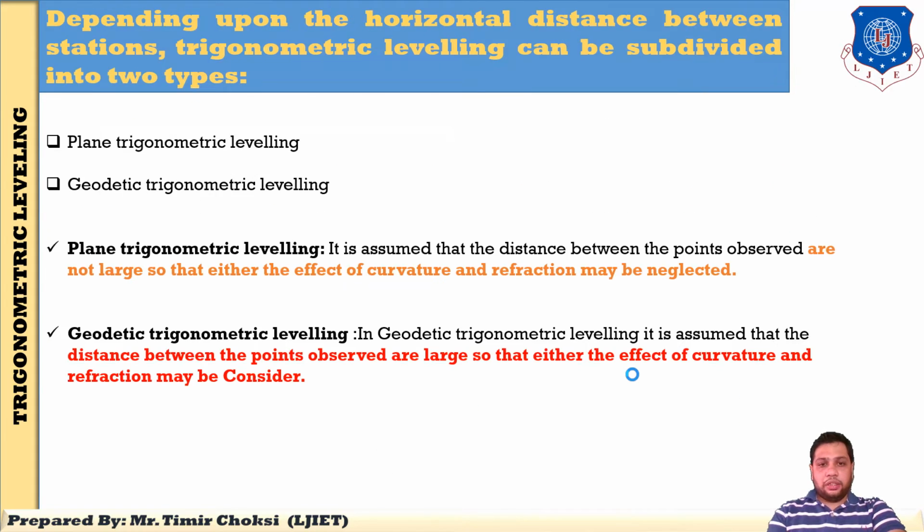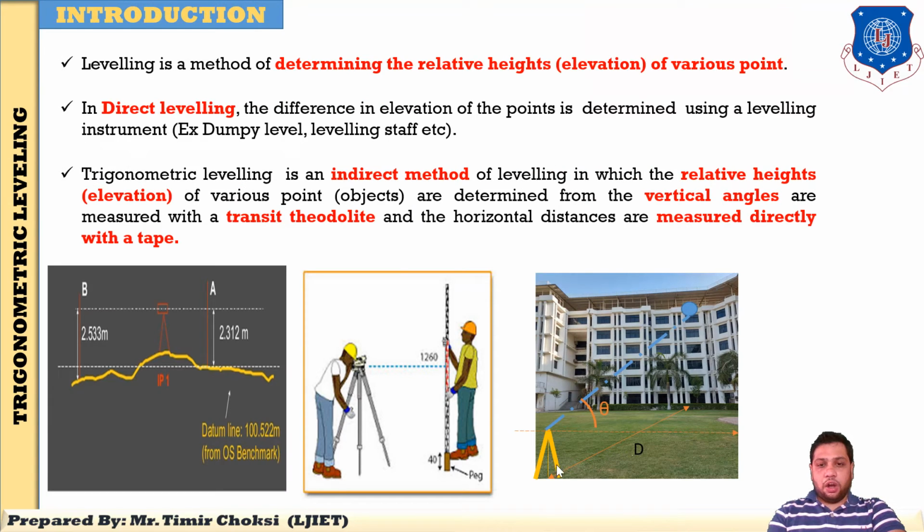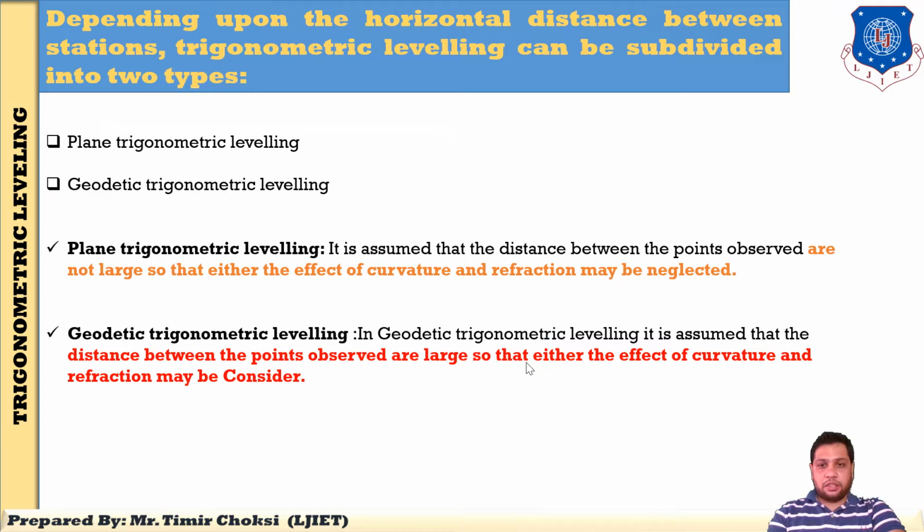But when the distance between the instrument station and the object is very large, it is called geodetic trigonometric leveling. In geodetic trigonometric leveling, you consider the effect of curvature as well as refraction. Why? Because the distances are larger.